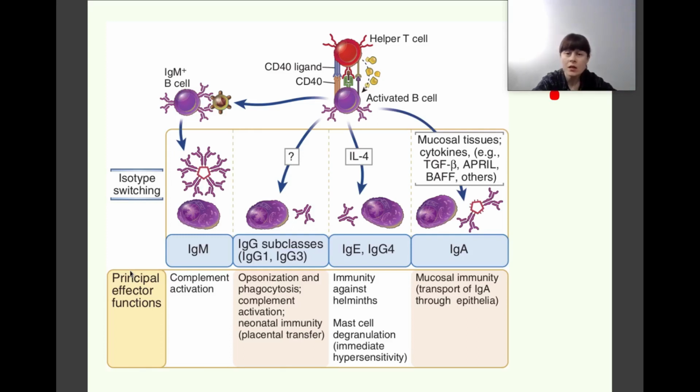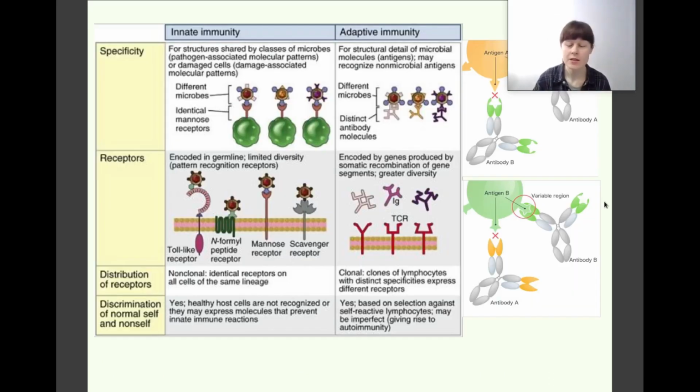In the case of isotype switching, this is called antibody-mediated specific immunity. We repeatedly emphasize that unlike innate immune responses, adaptive responses are highly specific to the particular antigen that induces them.